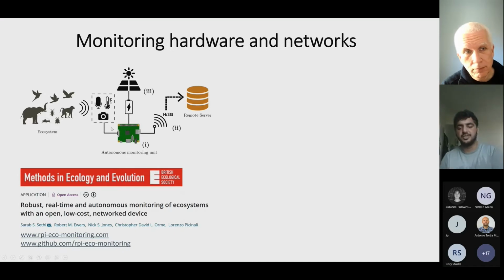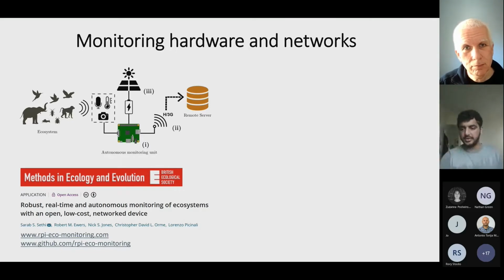It's just a USB interface, so you could plug in whichever sensor you want. But this was really targeted at being off the shelf, low cost, anyone can make it. If you go to these websites, you can see how to put them all together step by step. It's very much an off the shelf solution to being able to leave out sensors for a long time and collect large amounts of data autonomously.